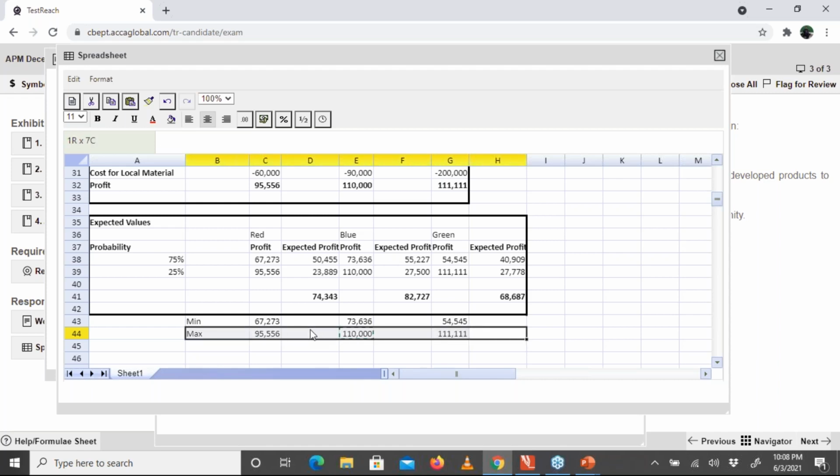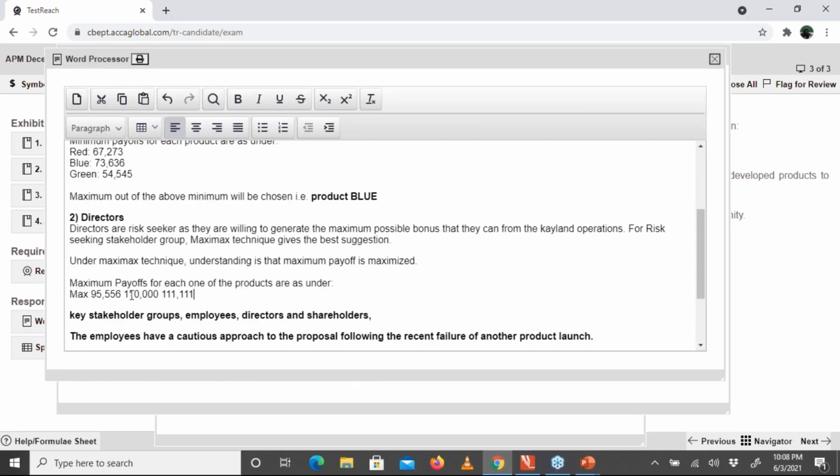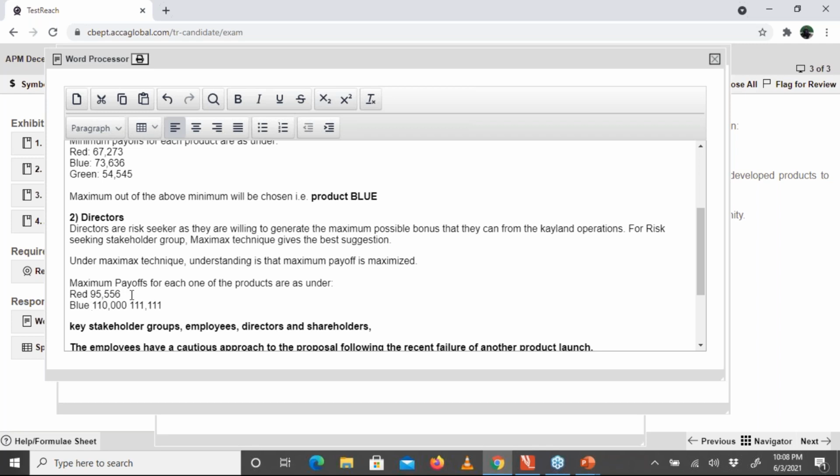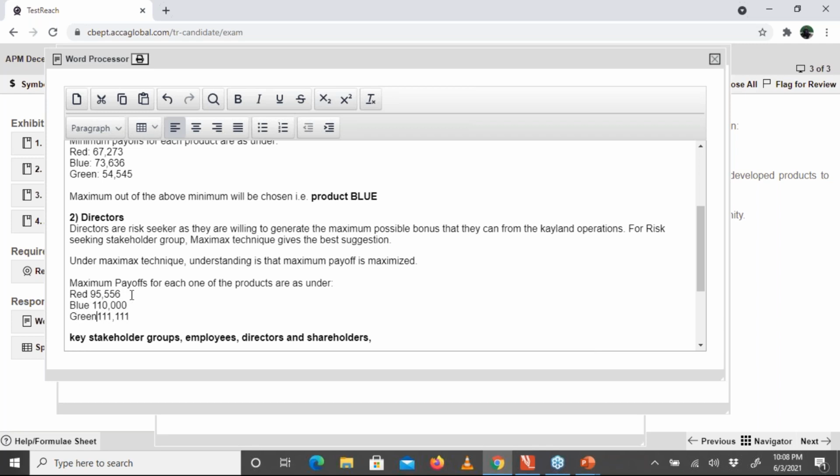I'll copy here. So it's actually red, blue, and there is actually going to be green.